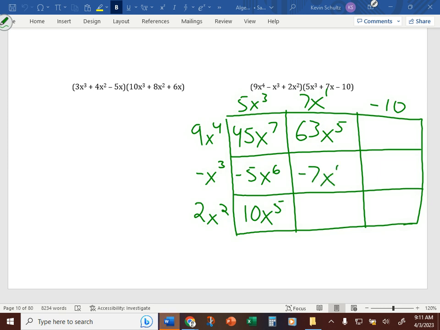Then we've got negative 7x to the fourth in the middle box, and at the bottom, 14x cubed. Then our third column, 9x to the fourth times negative 10, negative 90x to the fourth. Positive 10x cubed. We have those signs canceling out there, so it's positive 10x cubed. And then negative 20x squared.